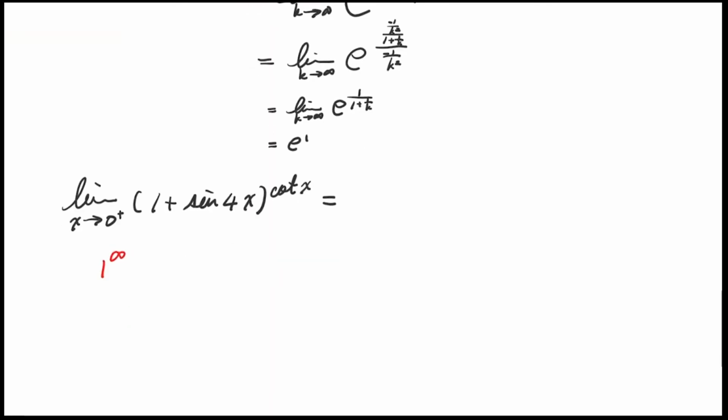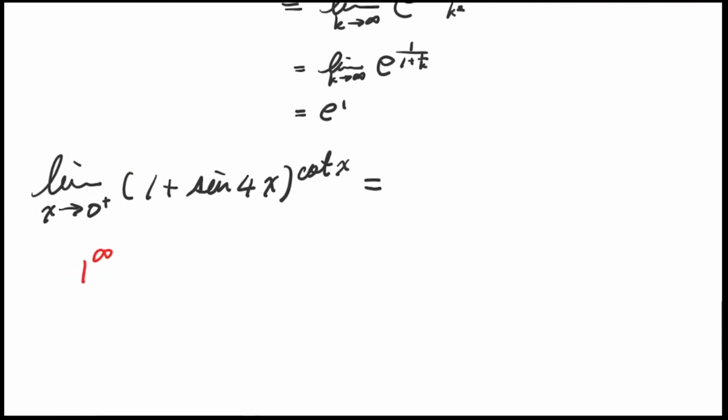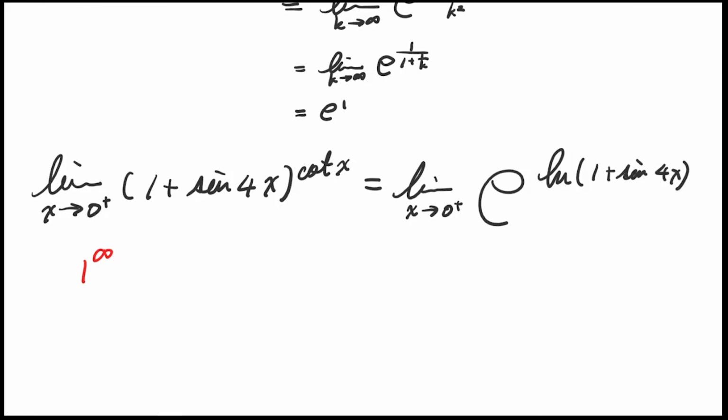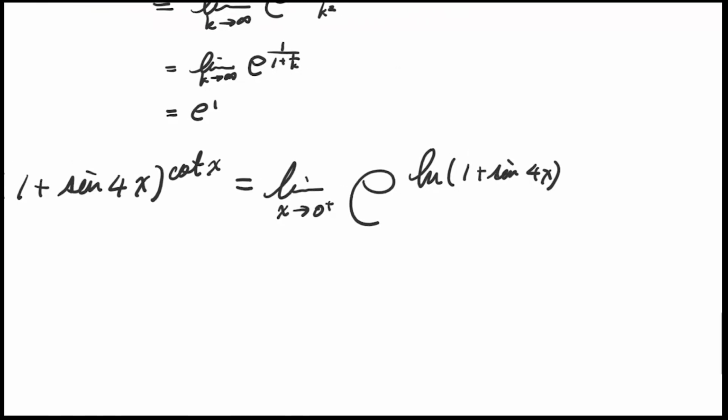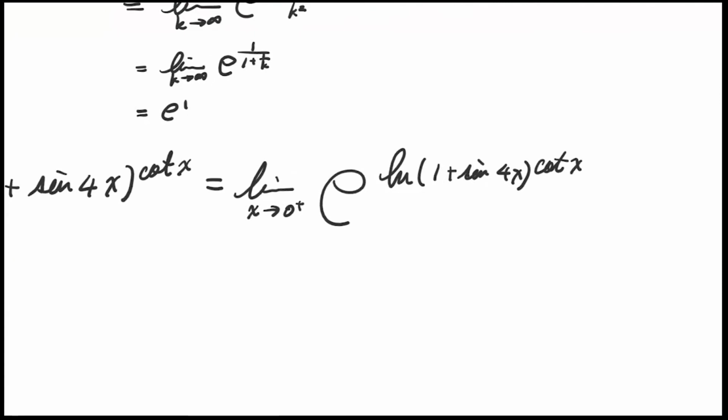Okay, let's do this one then. So we use the e-and-ln technique. So x approaching 0 from the left, e to the ln, and then we write (1 plus sine 4x) to the cotangent. So far so good?